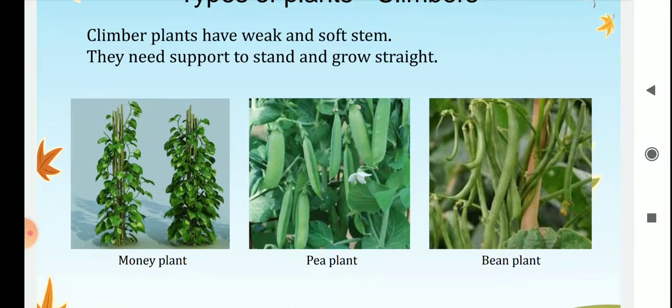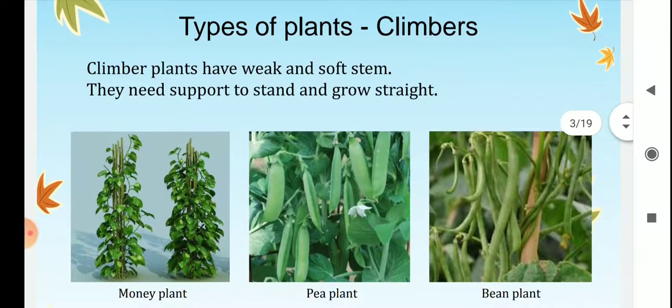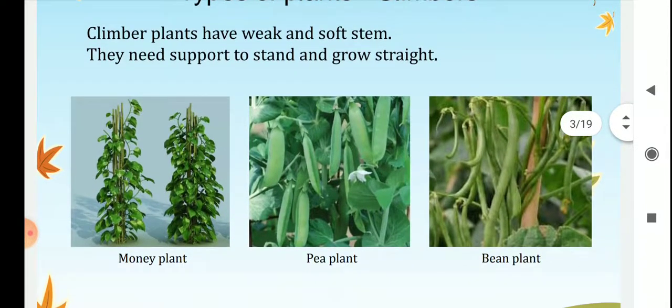Their stems are weak and they need support to grow up, and after that they offer food, leaves, etc. In my home and maybe in your home there is a money plant. This is one kind of climber plant. Then peanuts, then beans. These are all examples of climber plants.